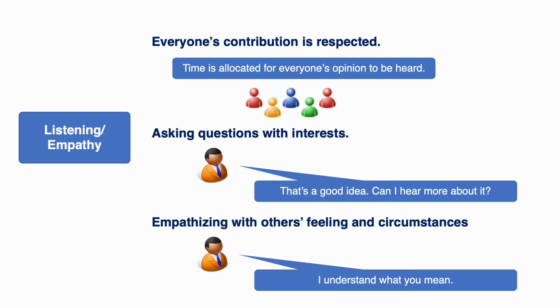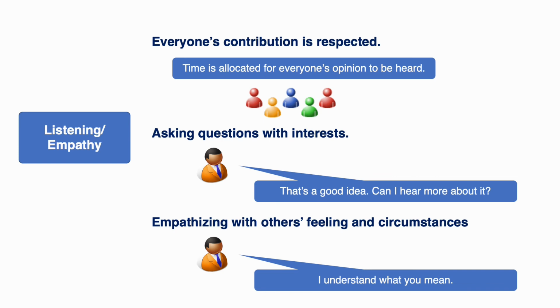The last example is listening. Listening sounds passive, but this is one of the greatest prosocial behaviors all the time. In a team, everyone's contribution is respected. So for example, if you have a meeting, you should allocate a time for listening to everyone's contribution and opinion.